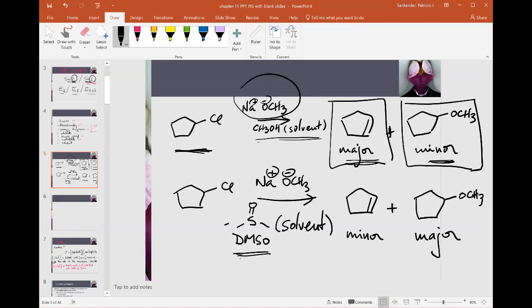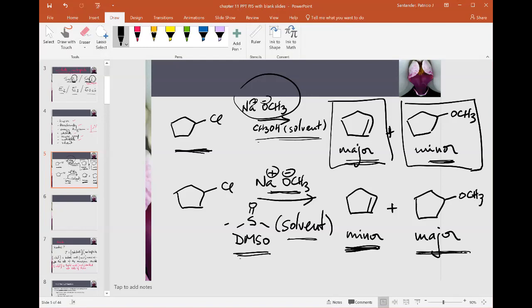Once again, I am using sodium methoxide as a reagent, but with a different solvent. And surprise, surprise, the product distribution is just about the opposite. You will get the alkene as the minor product, and you will get the substitution product as the major.